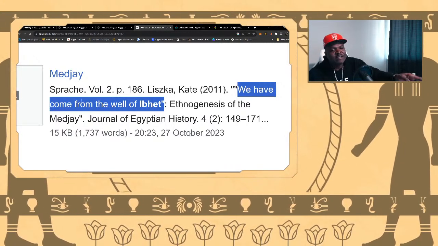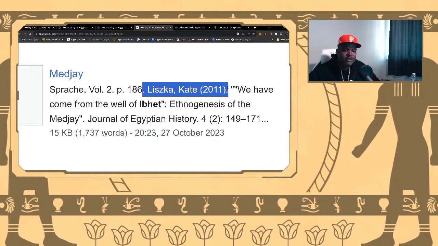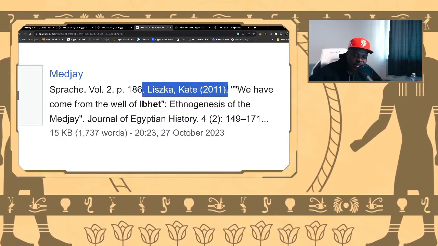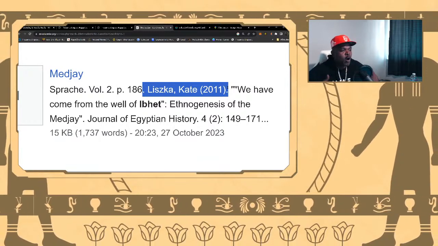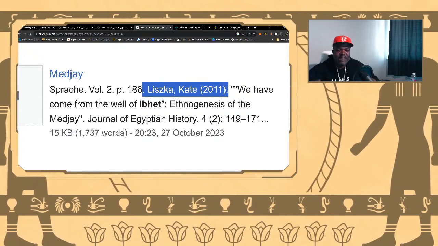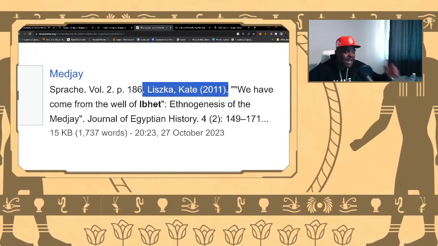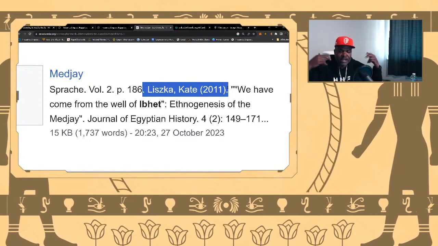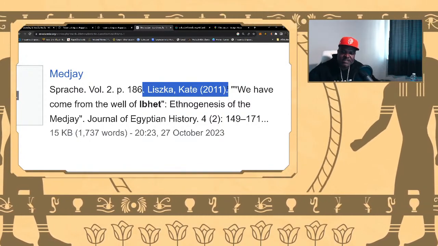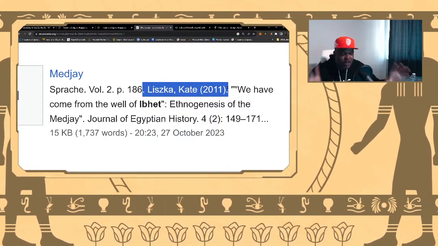It's Kate Liska who went in and said, hold on, something's incorrect here. The Magi ain't necessarily police. They are officials. And when we see the policing of southern fortresses by Magi people, we need to understand them as part of the Egyptian society that was doing some patrol on people on the south more.